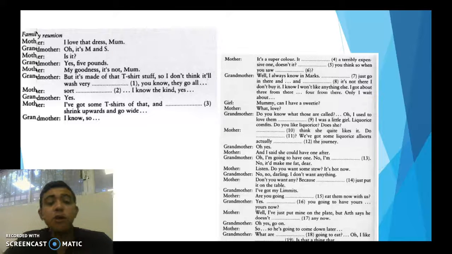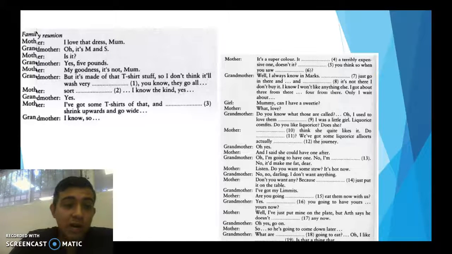In the fill in the blanks, students will have to fill in the blanks with general English vocabulary that fits the dialogue that they are reading.